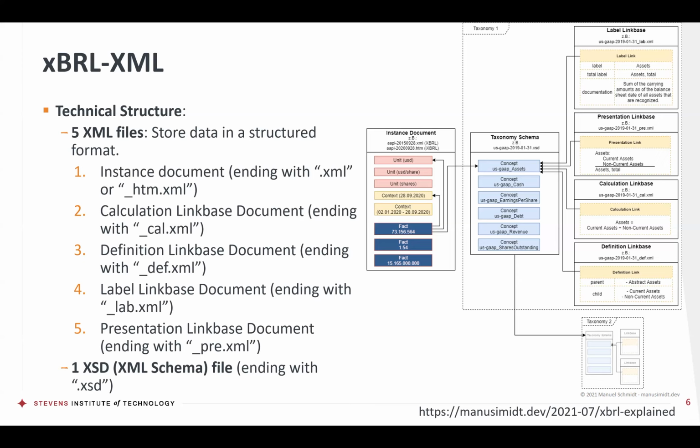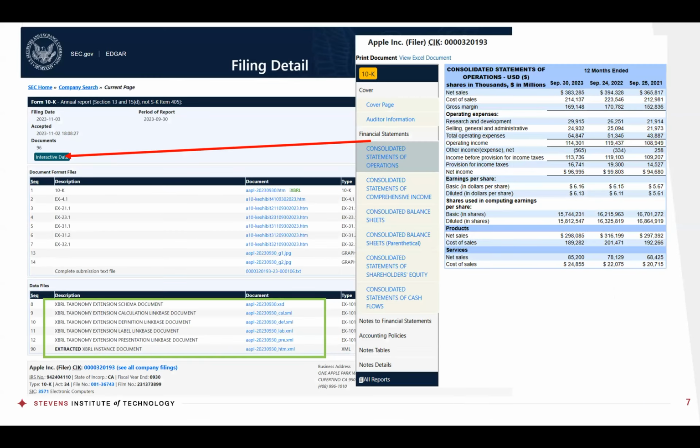And then for the details, you can see the image on the right-hand side. The raw XBRL XML files can be accessed in each filing detail page, like shown on the left-hand side in the green box.